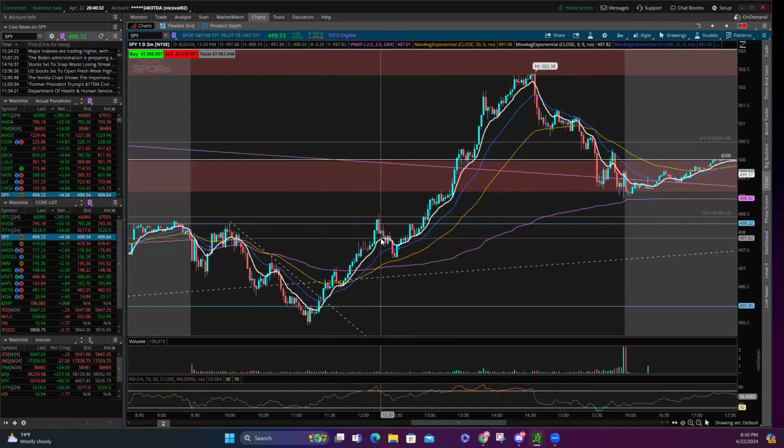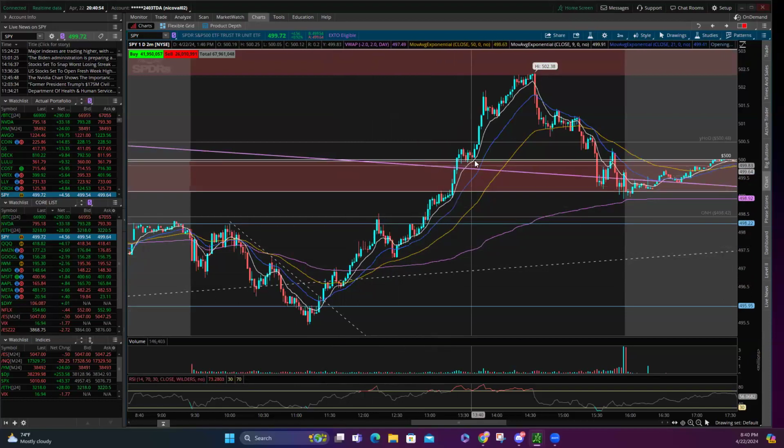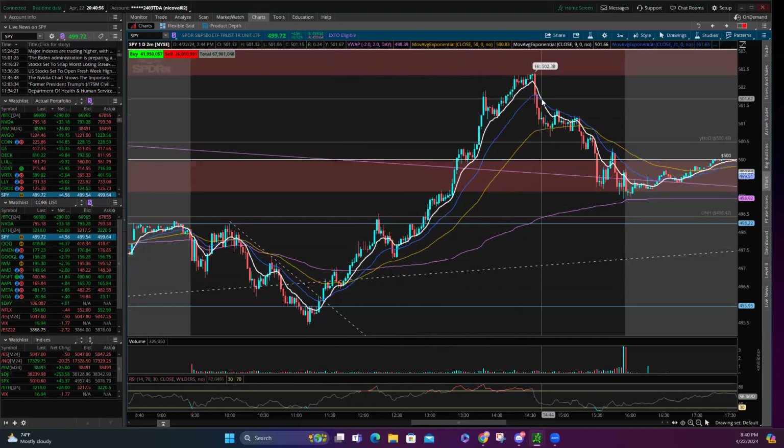Look how we respected the 9 beautifully, and we touched the 20, broke down, and then never saw the 20 again until the break. So once we passed here, the 20, the 9 over the 20 right here gave us a clear path all the way up until here.